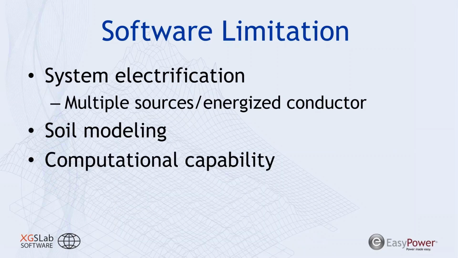And as I mentioned before, we should be taking advantage of the local sources. In order to do that accurately, we should model that with multiple sources or multiple energized conductors. Another requirement for your grounding software is that it has to be able to accurately model the soil as you've measured it for your system.